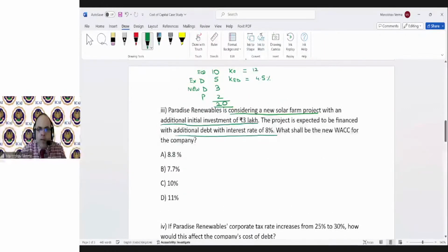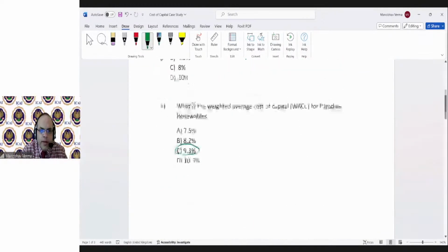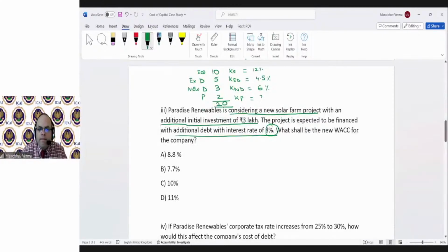But the point here is that there is a cost of new debt coming into the picture. The rate is 8%, so I believe the after-tax new debt cost is 6% here for us. And cost of preference remains the same, what we have already used earlier, 8% as well. So you know what to be done.